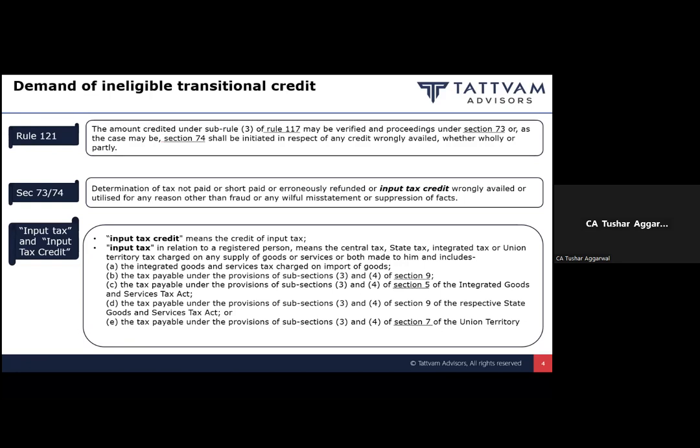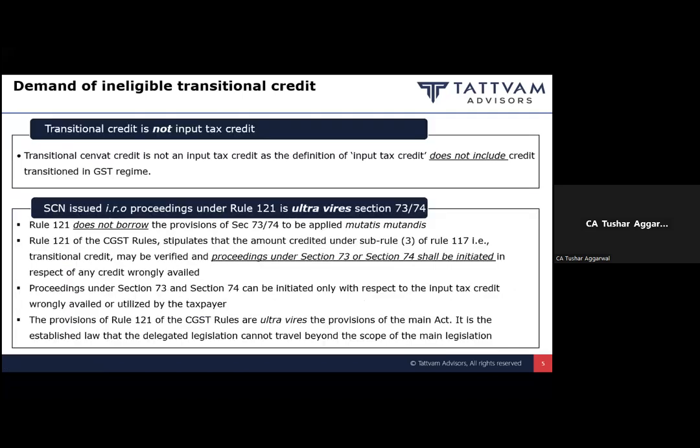So somebody can come and say that Rule 121 specifically says that the transitional credit can be verified and proceedings under section 73 and 74 may be initiated. So under Rule 121 read with sections 73, 74, the government can issue a show cause notice.